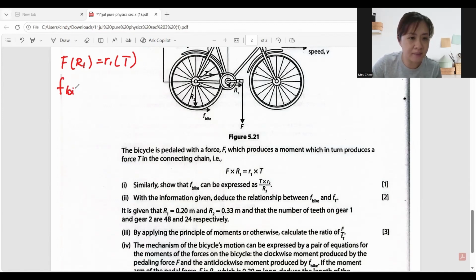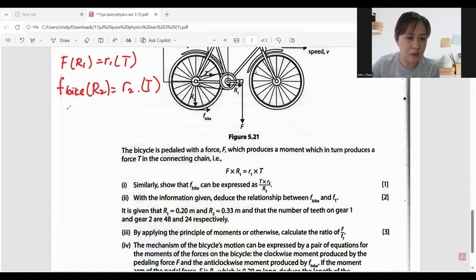Force of the bike times R2, which just now we have, the other one behind, is equal to R2 times tension. So since we have two equations, let's divide them so that we can get the ratio of radius 1 over radius 2.